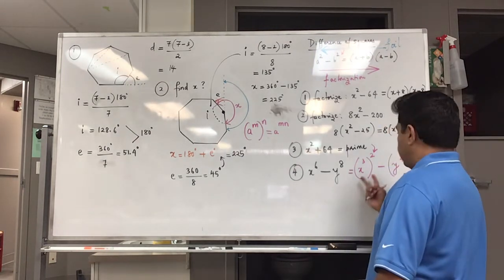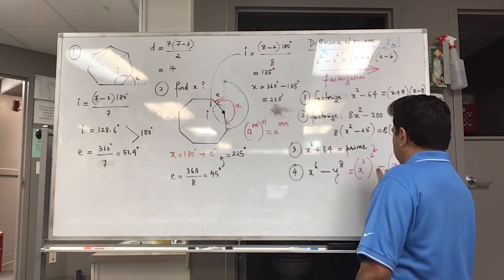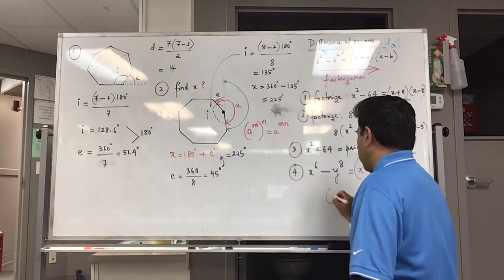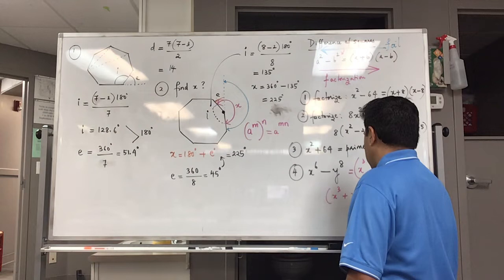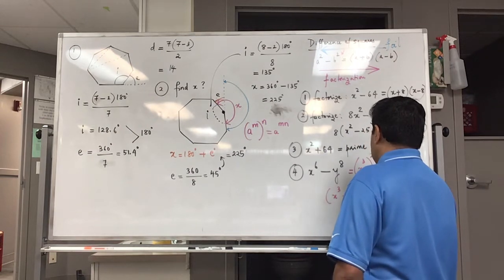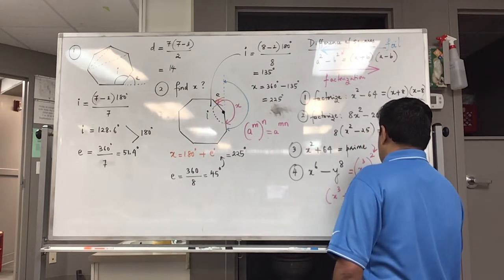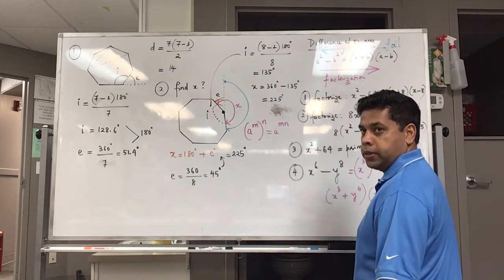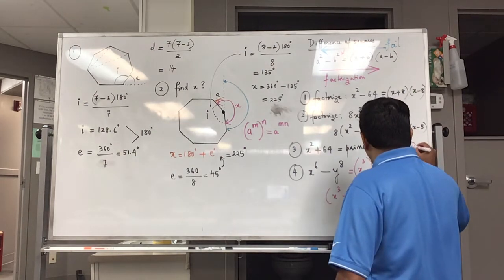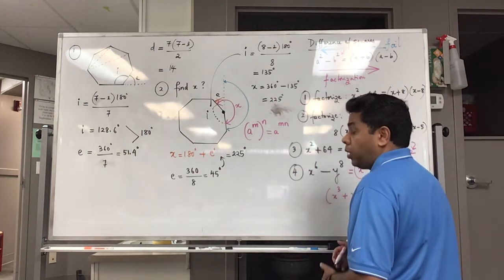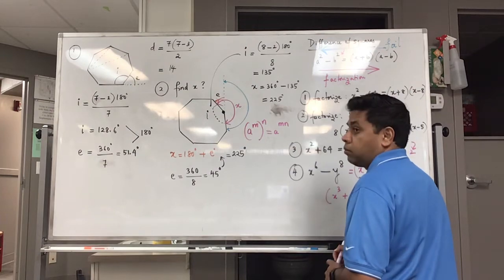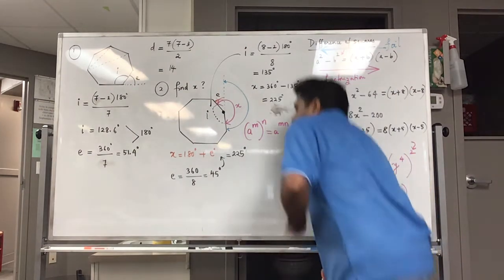Make sense? This is my a squared minus b squared, a plus b, a minus b. Make sense? The key thing is to get the 2 outside, not any other number, if you want to use that formula.